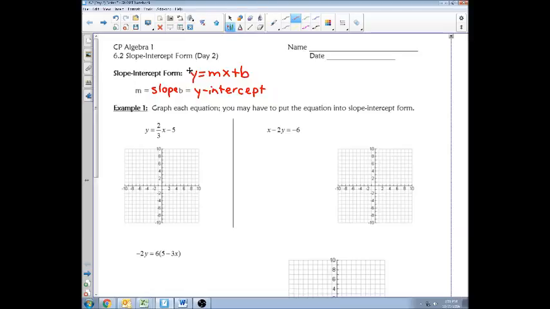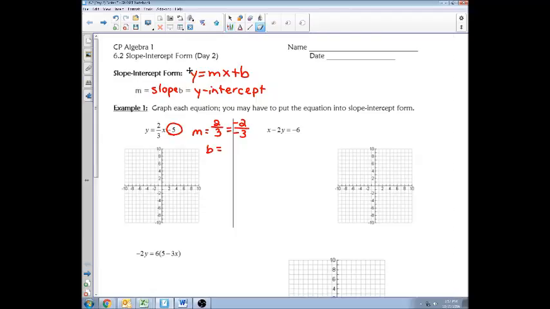First, we're going to identify our slope. In this case, it's going to be 2 over 3. Remember that you can also have -2 over -3 if that helps you. My b value is going to be -5. So the first thing I'm going to do is go to my b value, which is -5, so down 5.